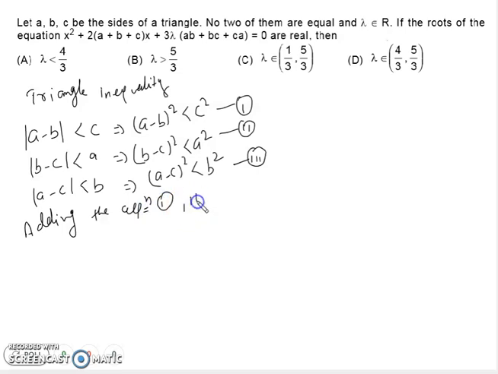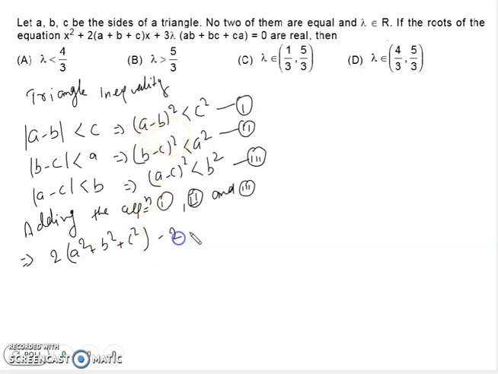So after adding the first, second and third, what will we get, guys? We can write (a minus b) whole square, and after opening the brackets, we get 2 into (a square plus b square plus c square), and this will become minus 2ab.